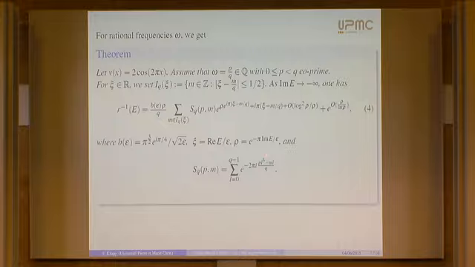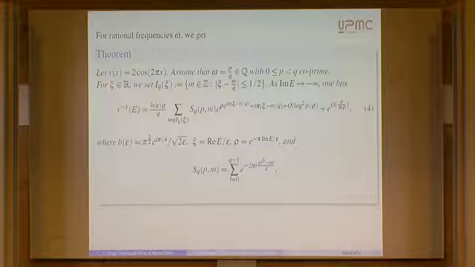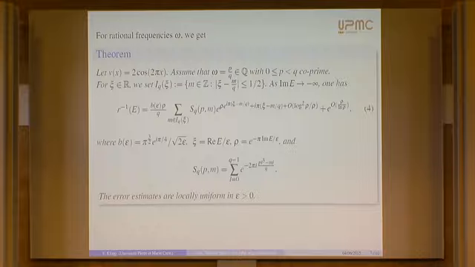Of course, it's a q-periodic function of l, because of the e to the 2 pi i in front. So what you're doing is just summing these exponentials over one period, and you get these as a coefficient in front of this. And again, the error estimates are locally uniform. You're not allowed to let epsilon go to 0. This is what this means.